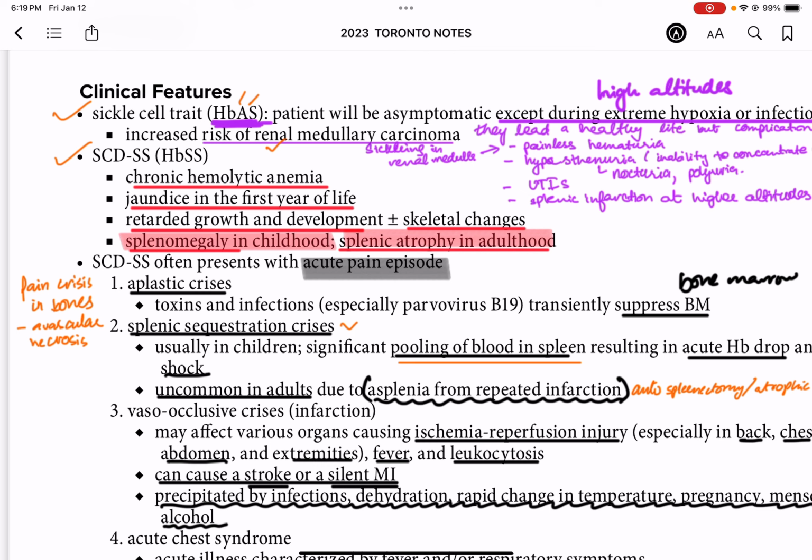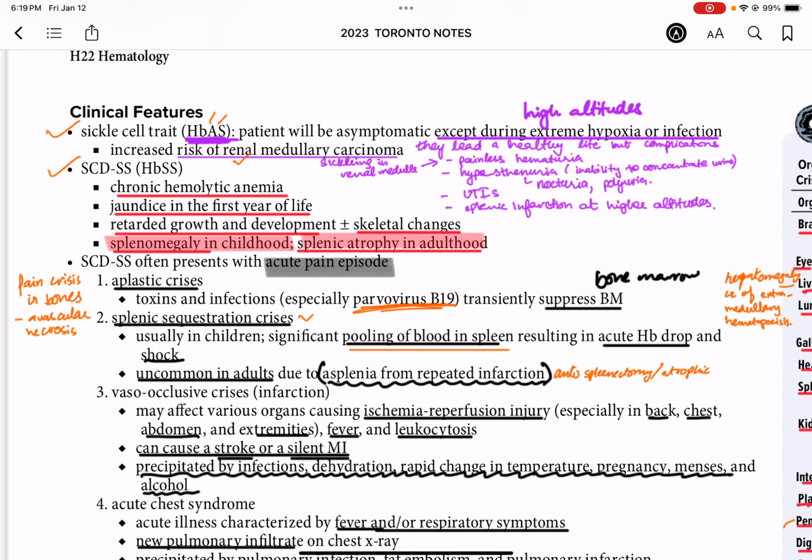We have crises going on, which can include aplastic crisis, because of any toxins, any infections, especially parvovirus B19 infections. What they do is transiently suppress the bone marrow, and then there is aplastic crisis, because there is hemolytic anemia going on in sickle cell disease.